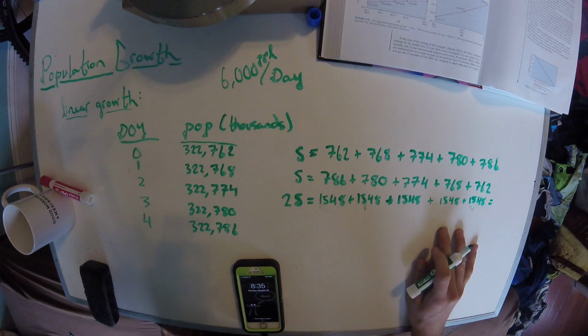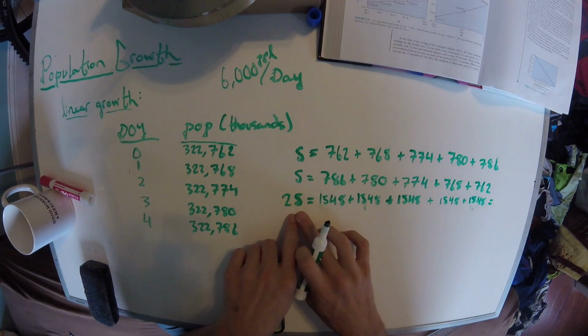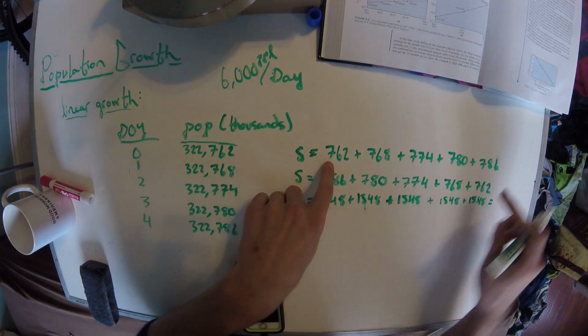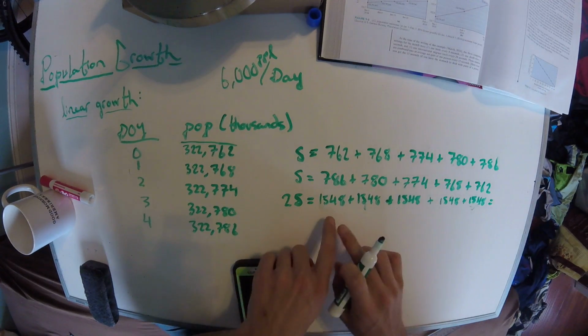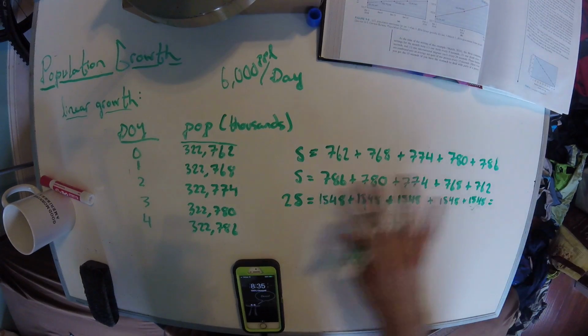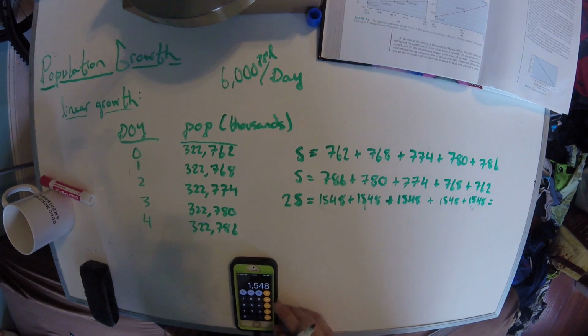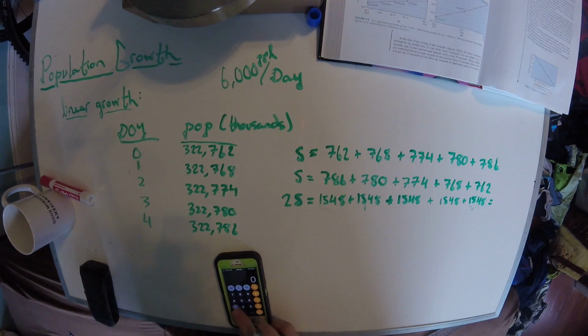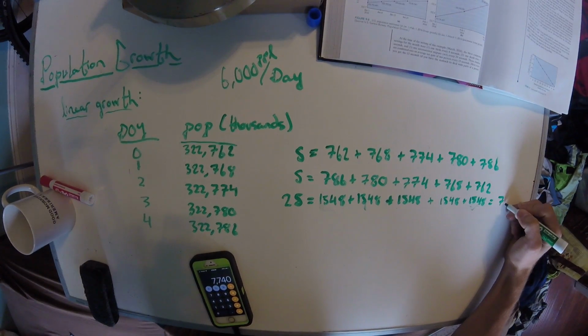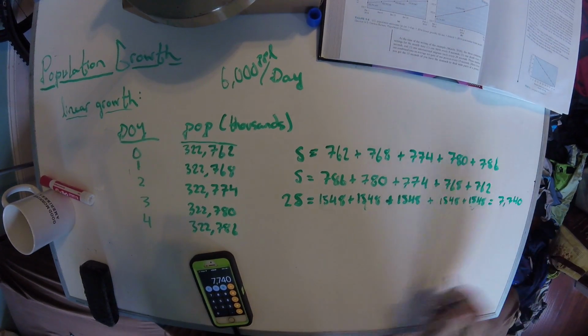Okay, great. So that's really convenient, that to get 2S, all we need to do is add the first term to the last term, and then add that n times, in this case 5 times. So 1,548, there are 5 of them. So this is equal to 7,740.